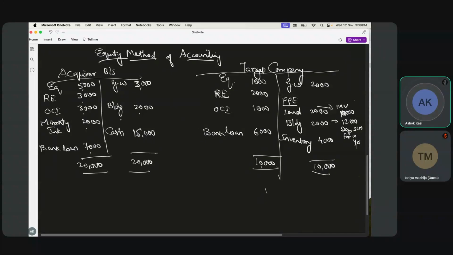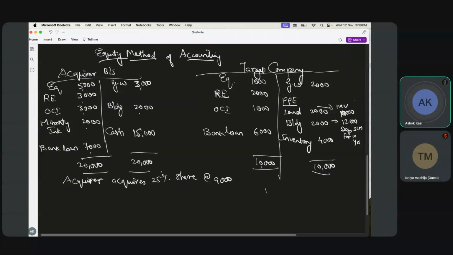So here the acquirer acquires 25% share at the rate of 9,000.